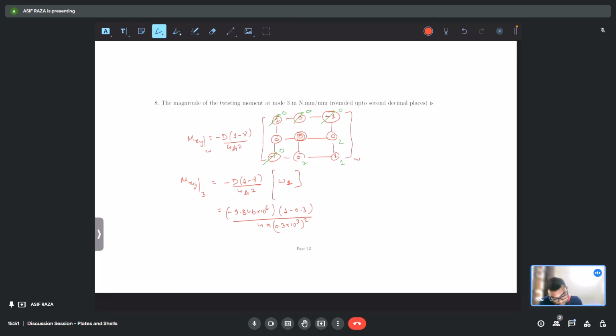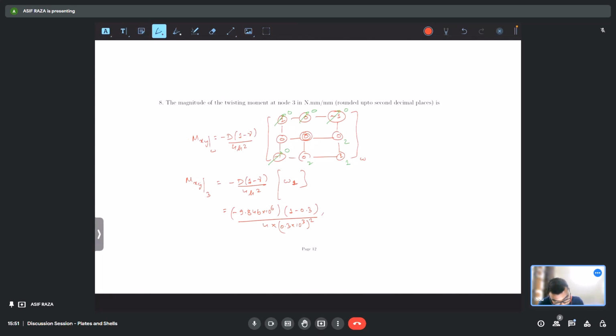So we have the value of w1 as 5, and the value will come out to be 9.846 and 2.7 into 5 over 24, which is 95.725 Newton mm per mm.